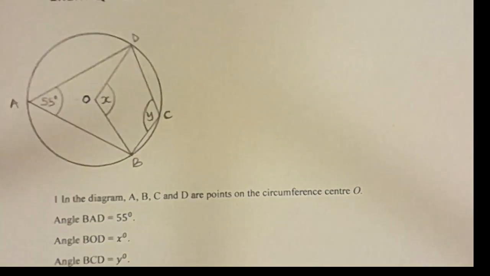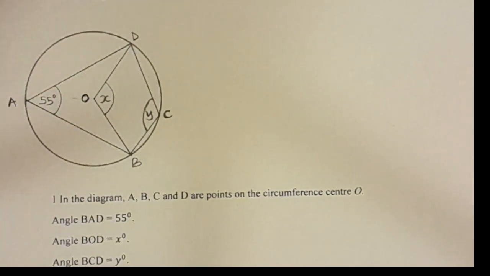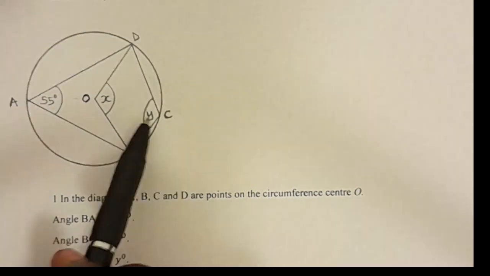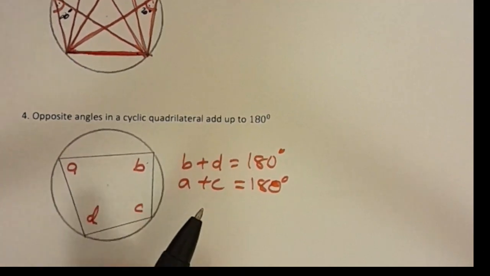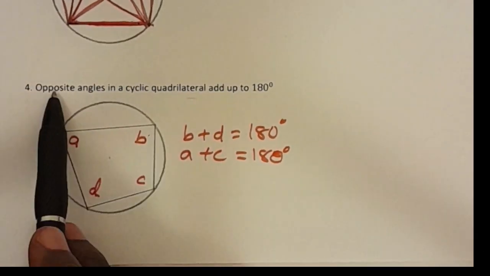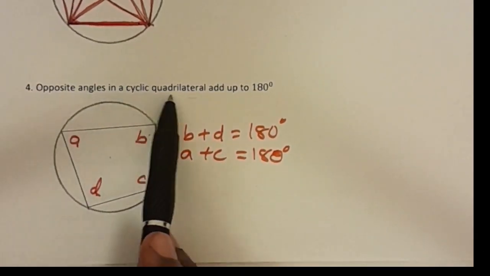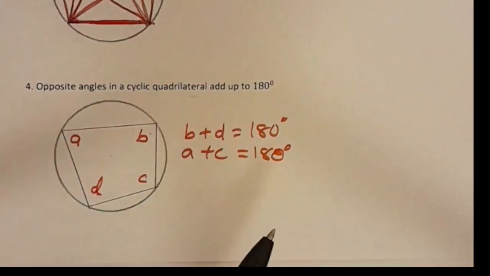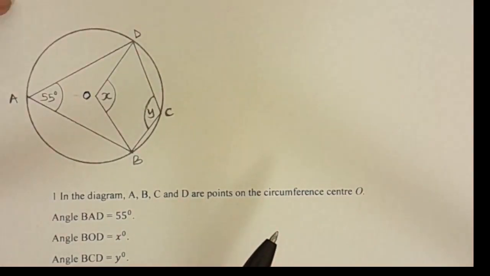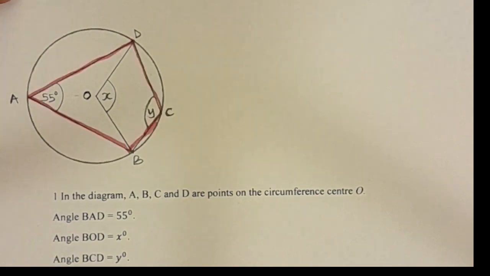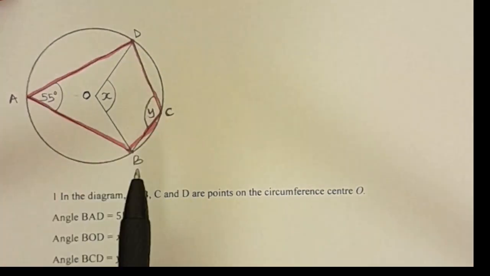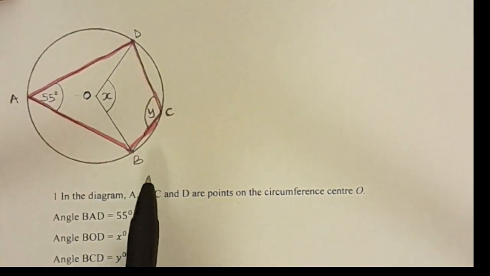Now again, you ask yourself, which property or which theorem are you going to use in order to find the value of y? You're going to use this property here that says opposite angles in a cyclic quadrilateral add up to 180. So this shape that is inside, that has been highlighted in red, is a quadrilateral.